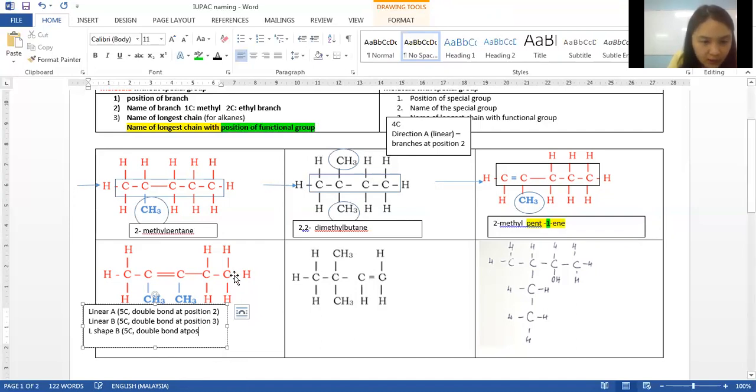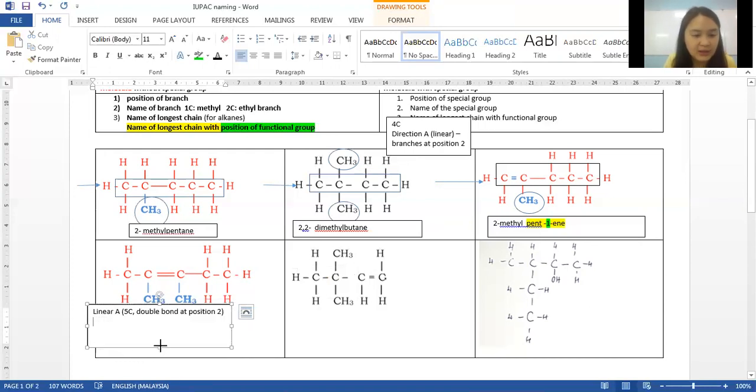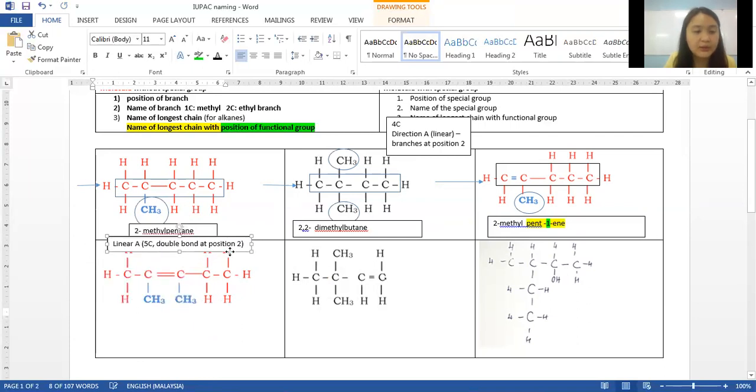If I go over here, 1, 2, 3, position 3. So in this case, I think the best one to choose is linear from direction A. So you will read it linearly from direction A. Okay, so this is the decision that I've made. Linear direction A.